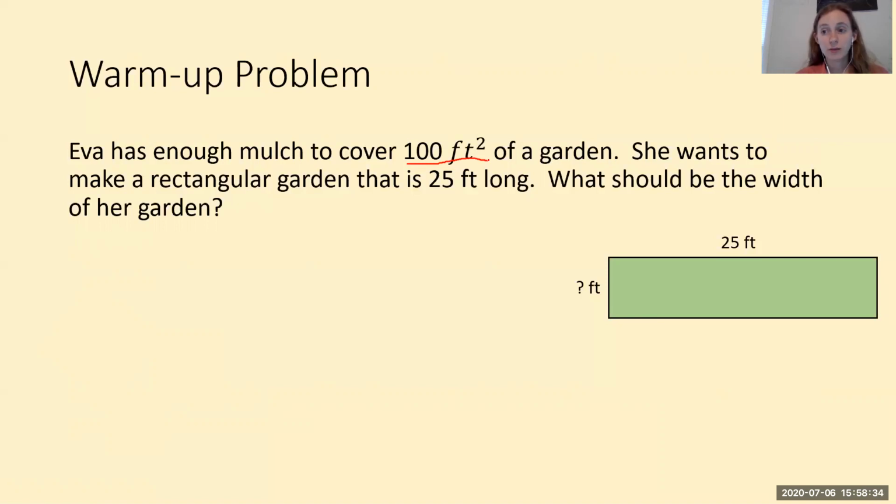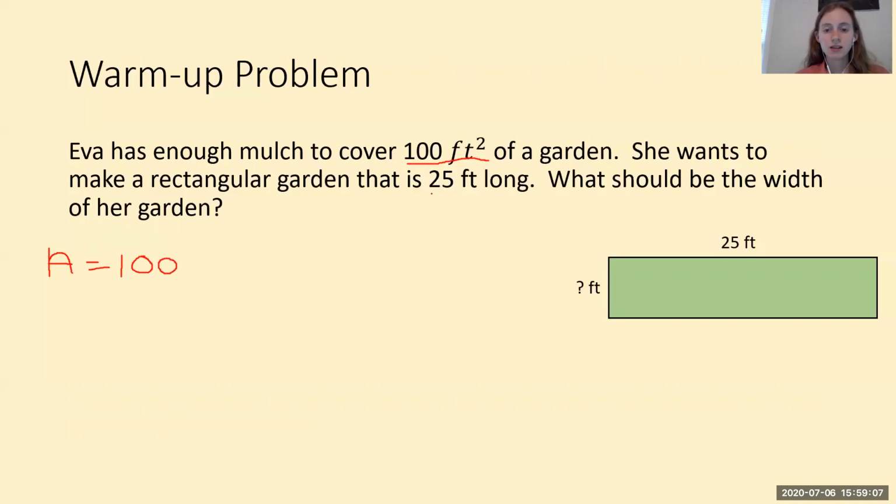You might also know that because it's in square units, right? Anytime we say something like square feet or square inches or square miles, square kilometers, anything like that, we're talking about area. So Eva's garden should have an area of 100 square feet so that she has enough mulch. We can start with that. The area of the garden should be 100 square feet. We know that.